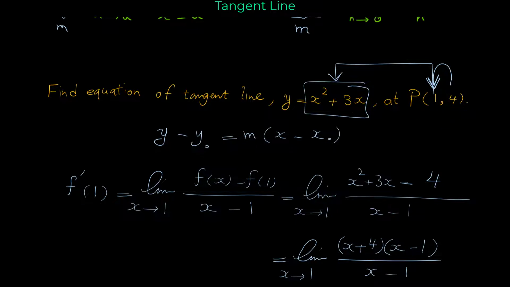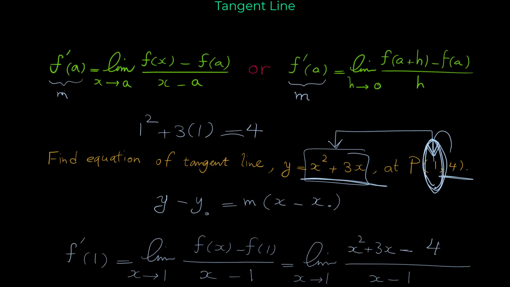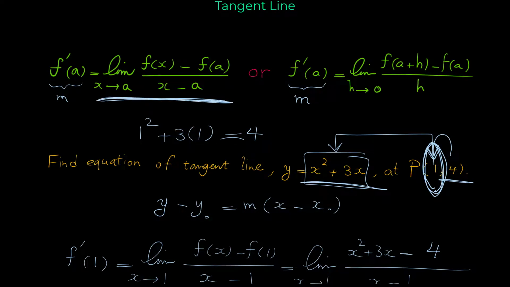So it's not necessary that they give you the y value. For example, here, if you plug in 1 for x in this equation, you can see that it is 1 to the 2 plus 3 times 1, and it equals 4, which is this value. So the only thing that we need is the x coordinate of the point, because we need it to find the slope of the tangent line at that number. We need x coordinate only.